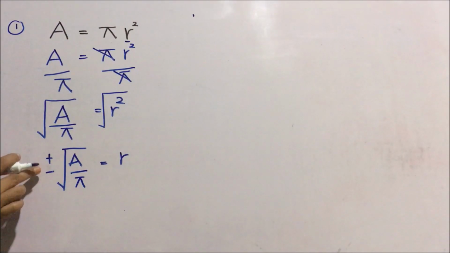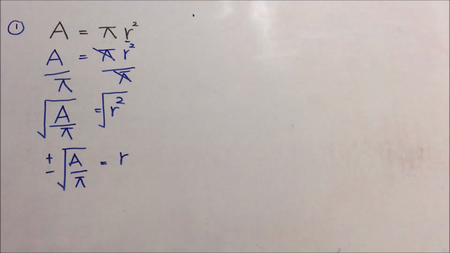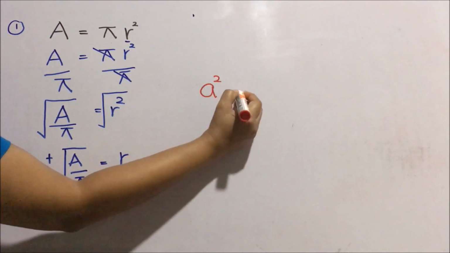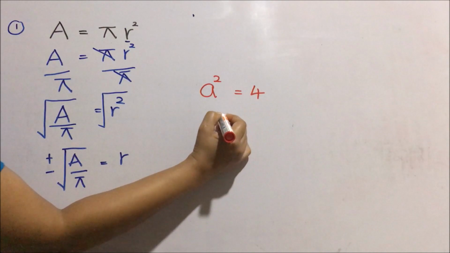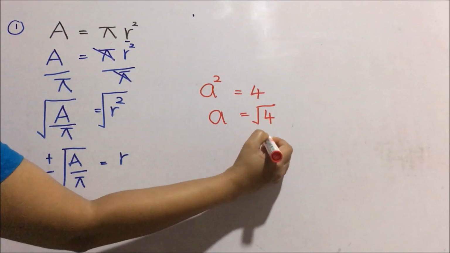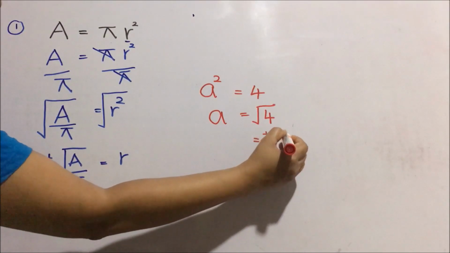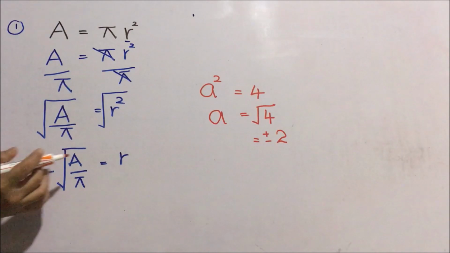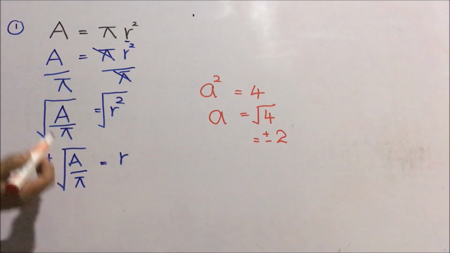Here we take plus or minus because if a squared equals 4, a equals the square root of 4. This we can write as plus or minus 2, since 2 times 2 equals 4 and also negative 2 times negative 2 equals 4. Therefore, we have to write plus or minus the square root of A divided by 5.